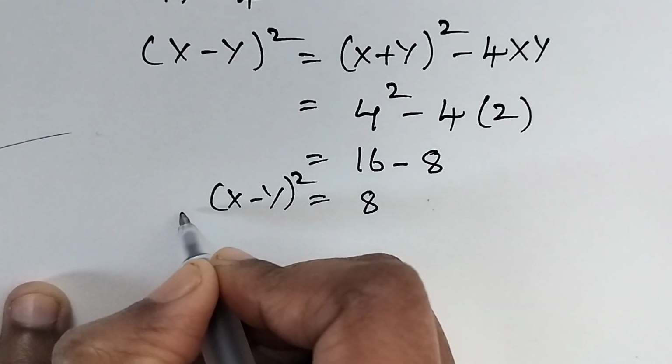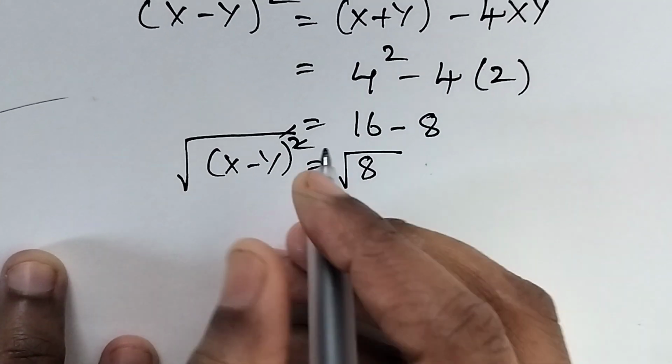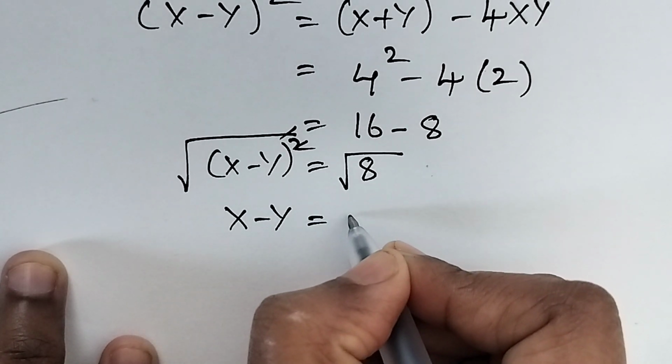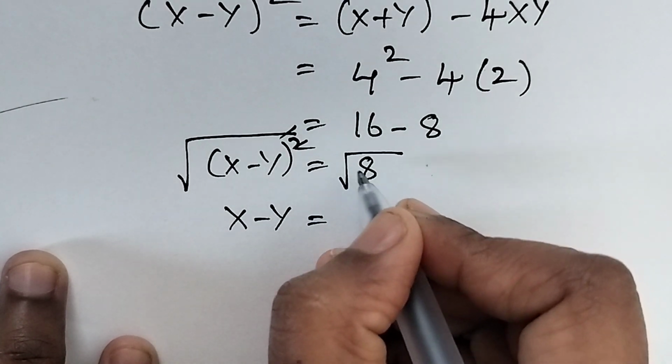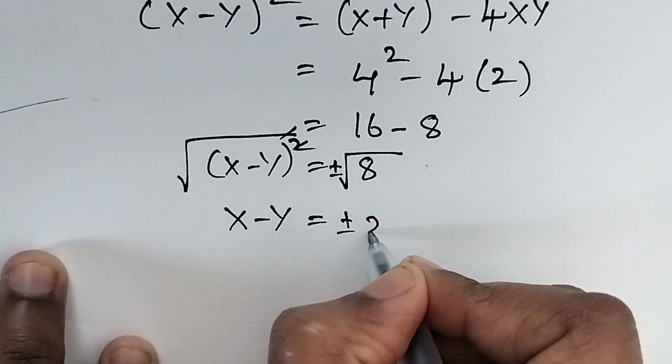So apply square roots on both sides. So the square root gets cancelled. So x minus y is equal to the square root of 8, which we can write as 2 square root of 2.